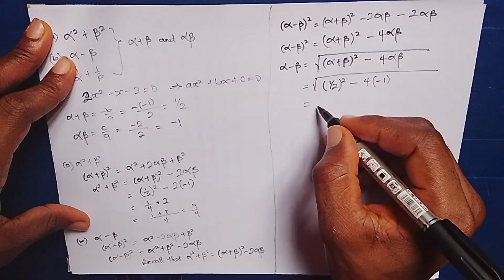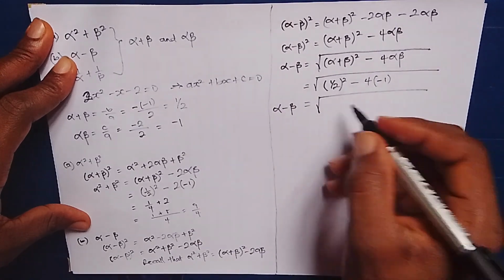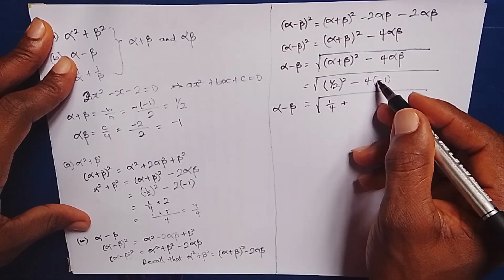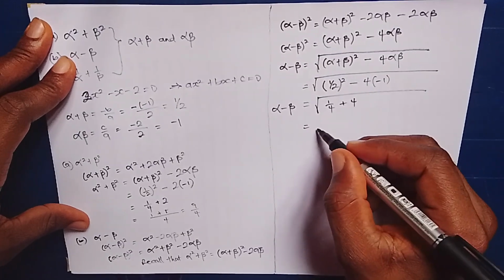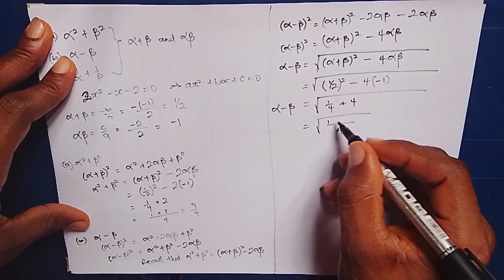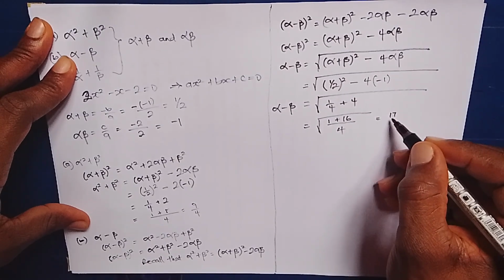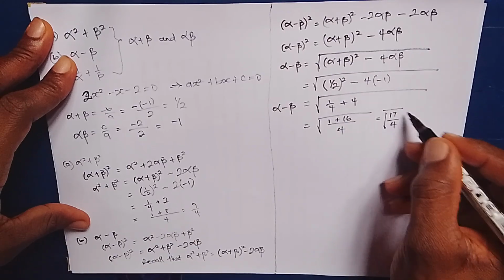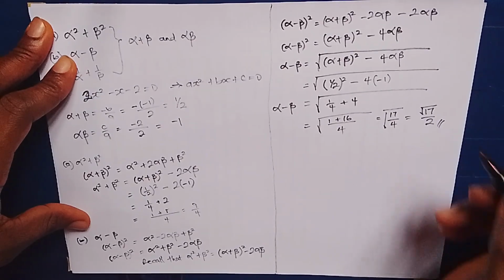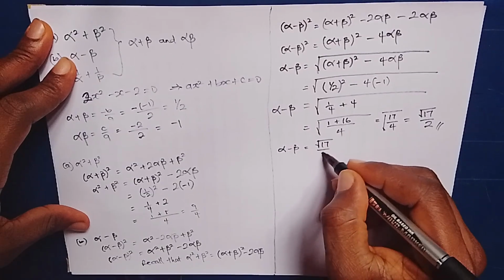So what we have now is the root of 1 over 4 plus 4, this becomes root of 17 over 4, which gives root 17 over 2. That's our answer. Alpha minus beta is equal to root 17 over 2.